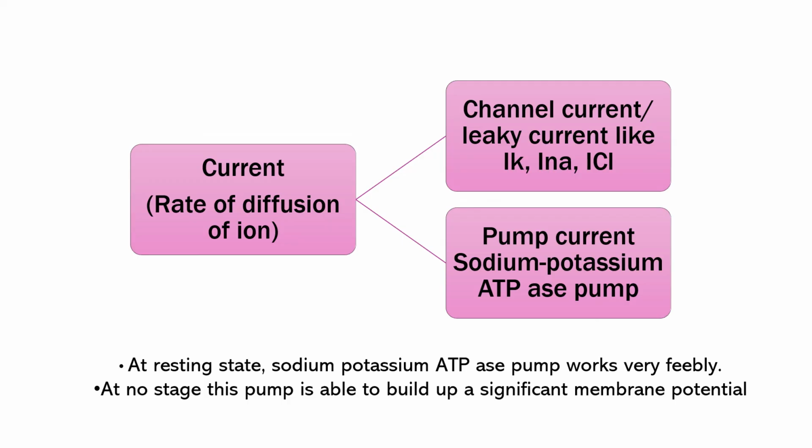Now, the rate of diffusion of ions is current. These currents can be of two types. One is channel current, through the leaky channels of potassium, sodium and chloride. The other is pump current, by the sodium potassium ATPase pump. As I told you at the first point, the factors responsible for intracellular negativity or resting membrane potential are semi-permeability, the Donnan effect, the Nernst equation, and the conductance equation, all of which we have derived.